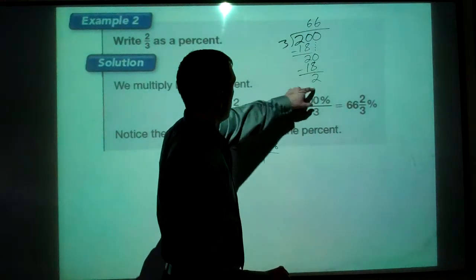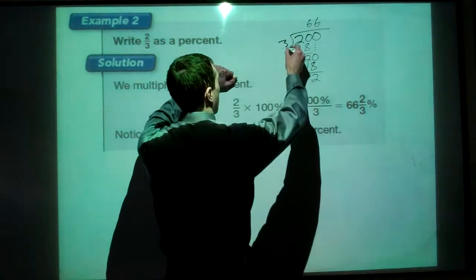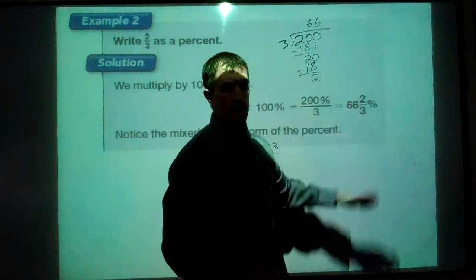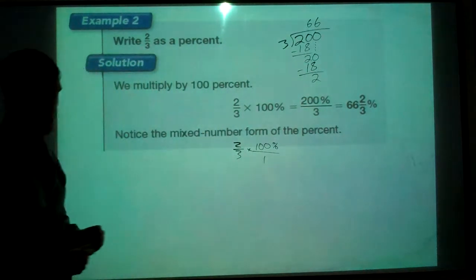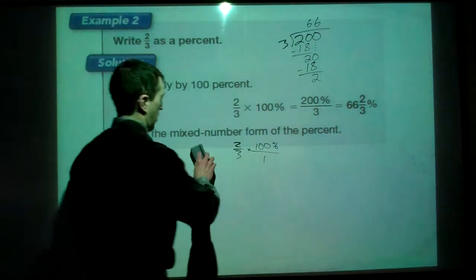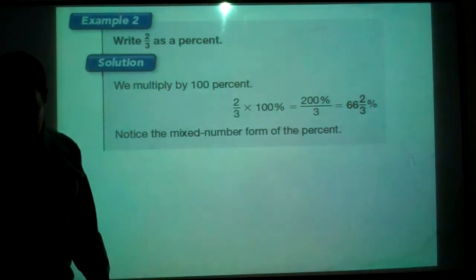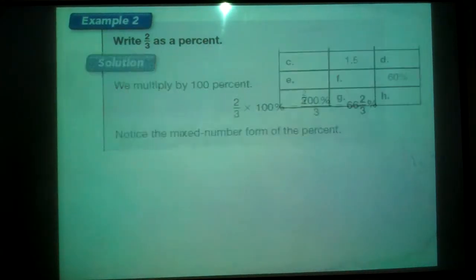Put the remainder over the divisor, 3. So 66 and 2/3%, and that's what they got there. So if you don't get a whole number percent, make sure you write it as a mixed number.